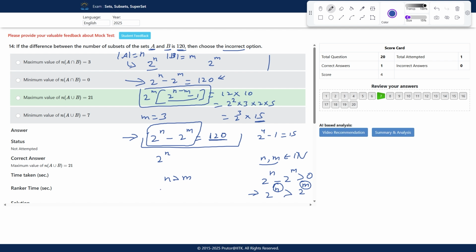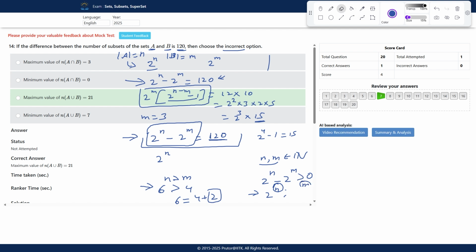In this case you can write 6 is greater than 4. Suppose I am taking an example. So I can write this 6 and this 4 in a relation as 6 is equal to 4 plus some other natural number. Clear?